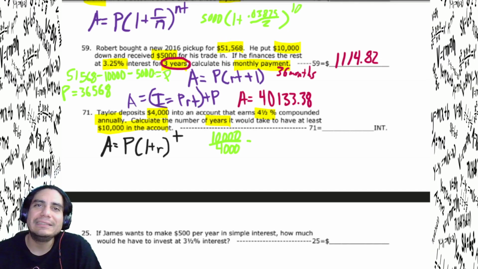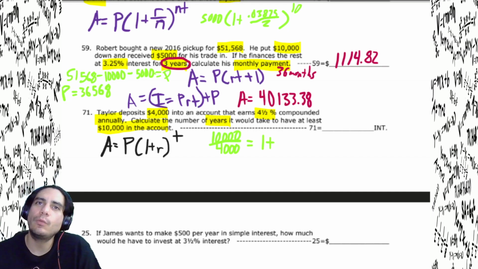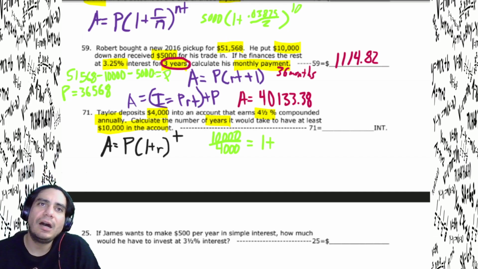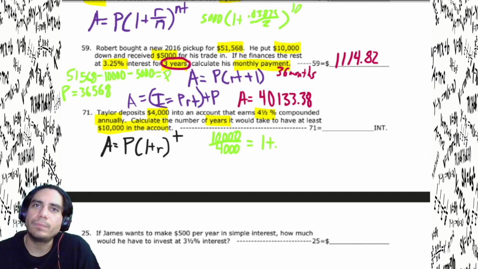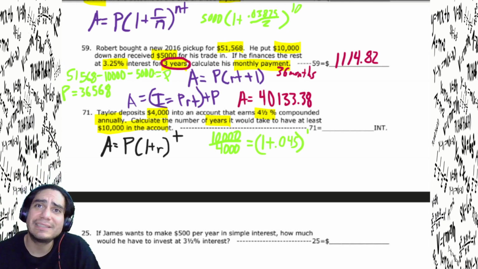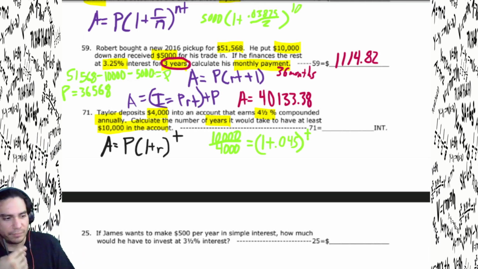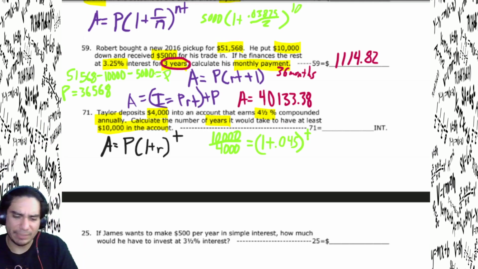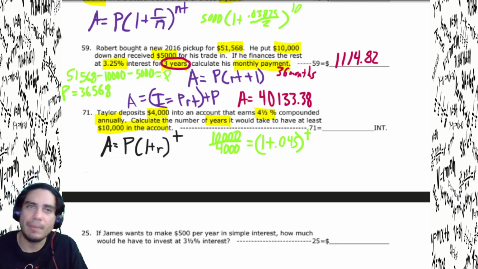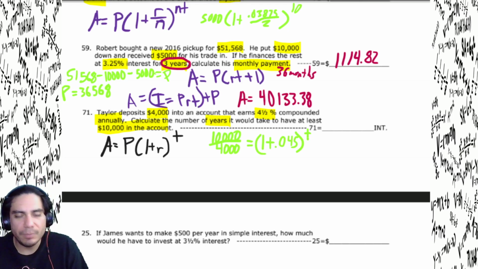That equals 1 plus the rate, 0.045, raised to the t power. Again, this can easily be done with logarithms, but this is not the time. Logarithms another time. I'll do it for the overflow problems, and I'll show you how they really work.